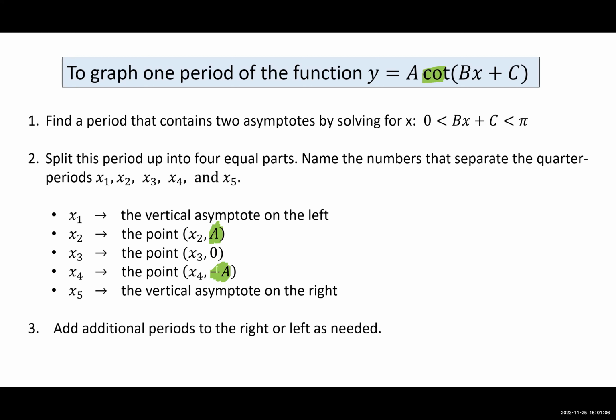So we find the period. We split the period up into 4 equal parts. And those numbers that separate those 4 equal parts, those 5 x values, the first and last are the asymptotes. And the 3 in the middle are 3 points on the graph.